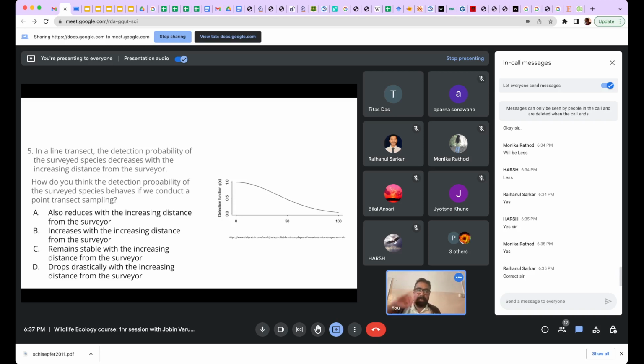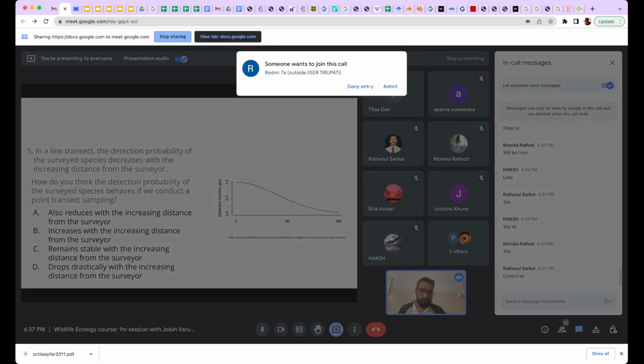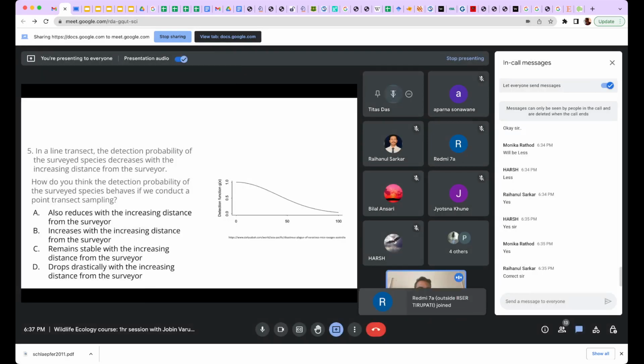Then there's a different probability, the probability that the observer sees the bird. That depends on several other variables. One of the variables is how dense the vegetation is. If the vegetation is very light, like a grassland, with binoculars you'll be able to see the bird immediately, or even without binoculars if the bird is very close.